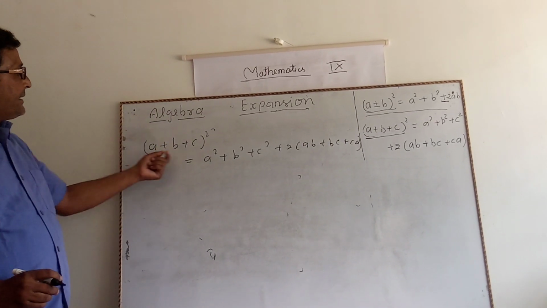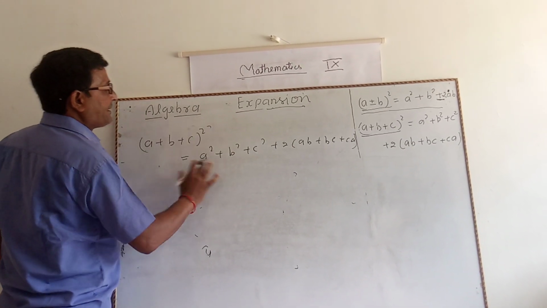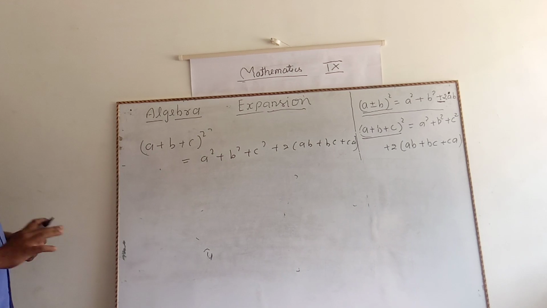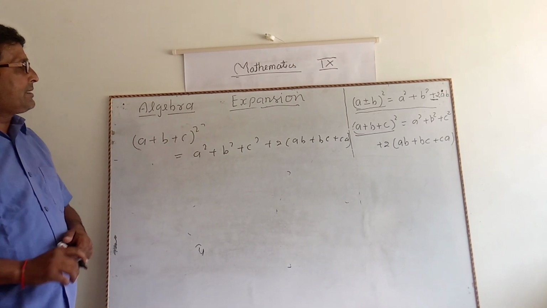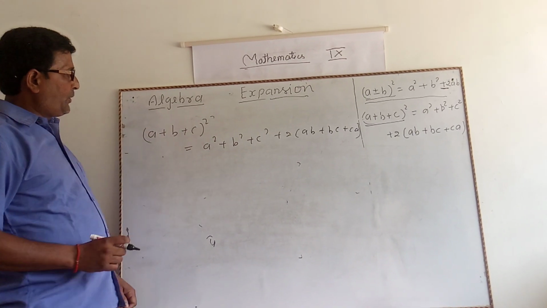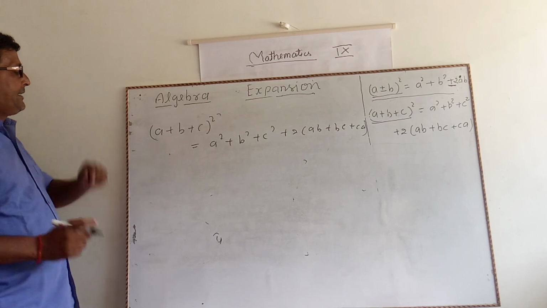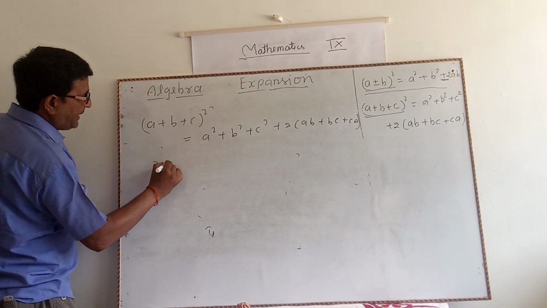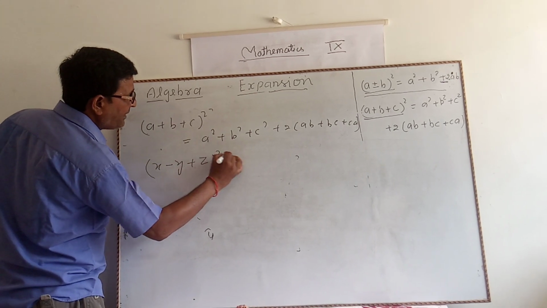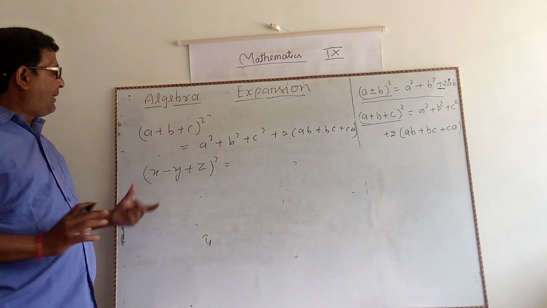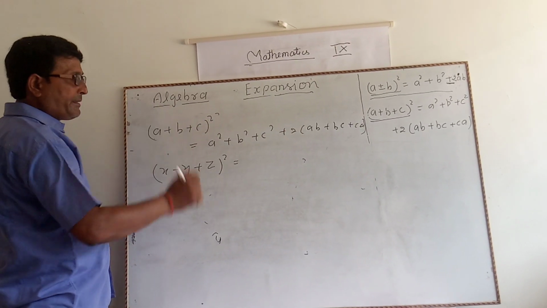This identity is also given in your book. You can also find the value of this result by multiplying a plus b plus c into a plus b plus c. Some questions are given in your book. Don't worry about the minus sign. Suppose the question given is x minus y plus z whole square. Don't make a separate formula for that. Only apply this identity and you can easily get the result.